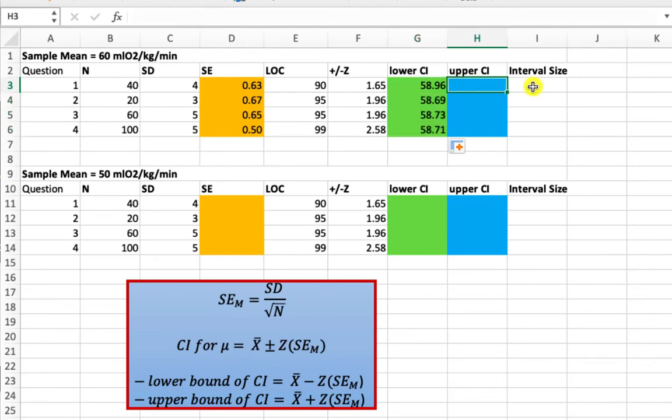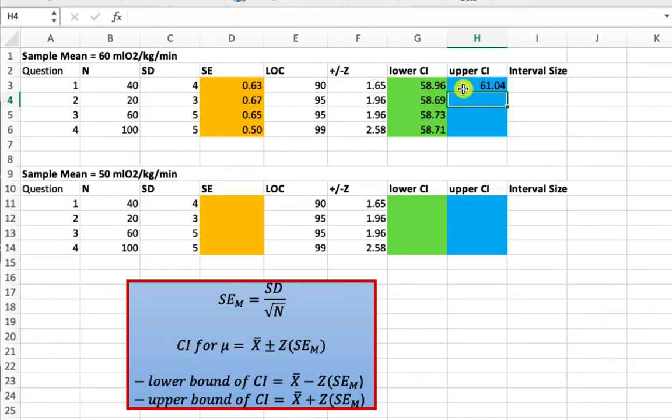For the upper bound of the confidence interval, instead of doing minus, we are going to do plus. So we'll do the same thing: equals the mean plus our z-score times our standard error.